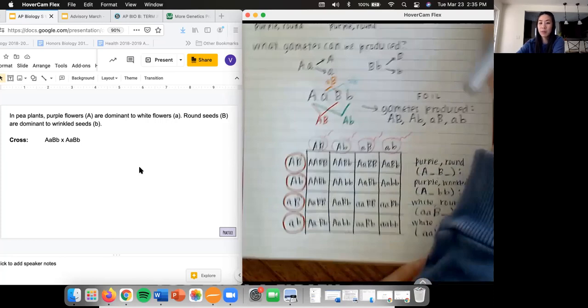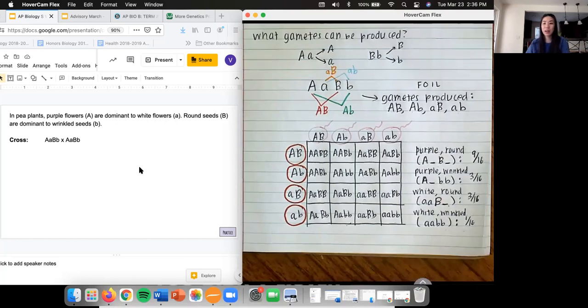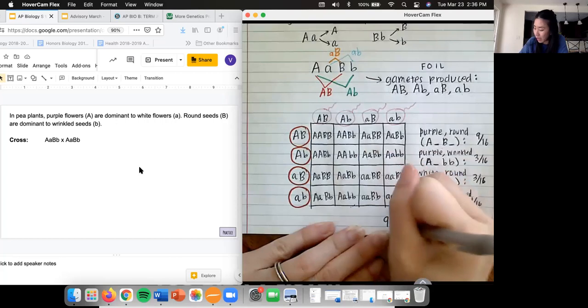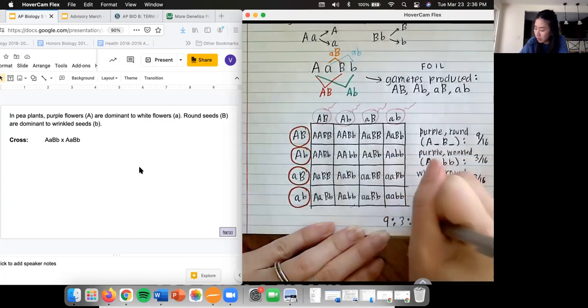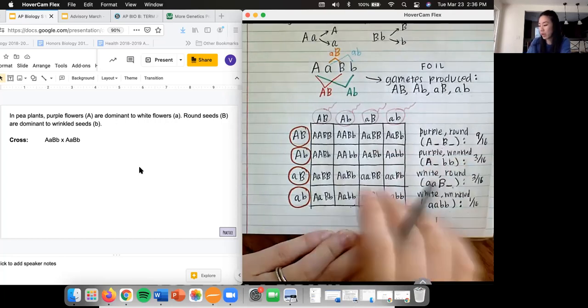So this ratio is for a dihybrid cross. You should be familiar with this. It's a 9:3:3:1 ratio when you have two heterozygous parents. Okay, I'll write it out. It's very common, so it'll be a 9:3:3:1 ratio when you have a dihybrid cross and both parents are heterozygous.